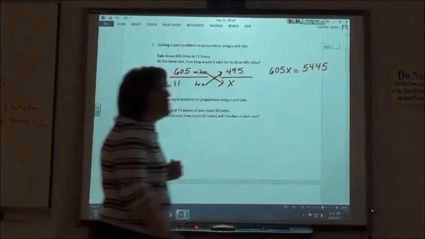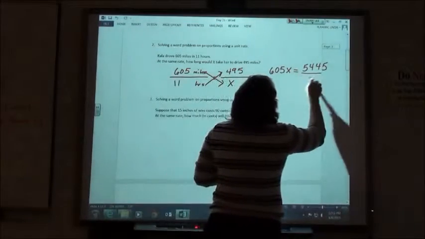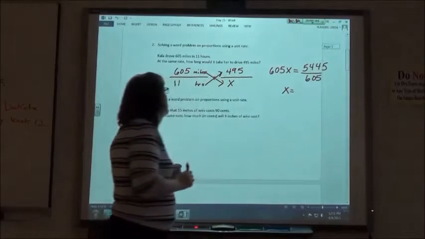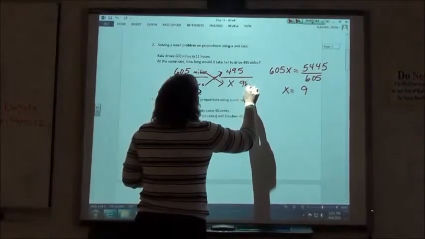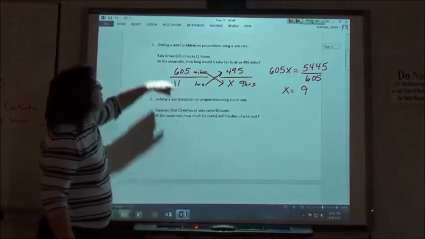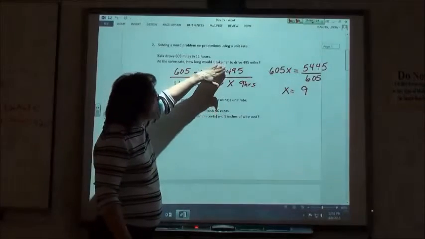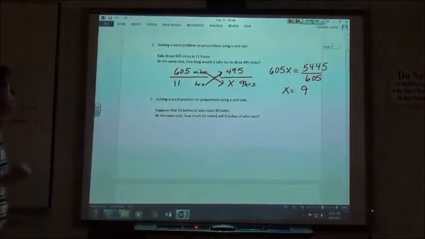And then in order to solve that, we would divide by our 605. That equals 9. So, 9 hours. If I go 605 miles in 11 hours, I can only go 495 miles if I drive for 9 hours because I drove for less time.